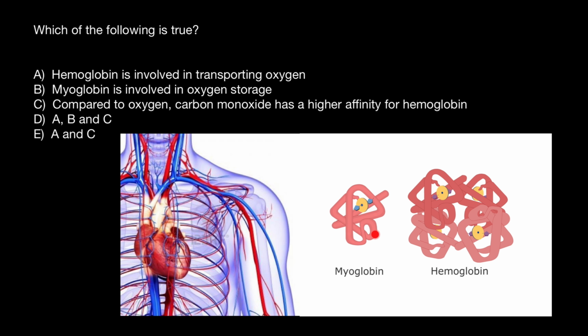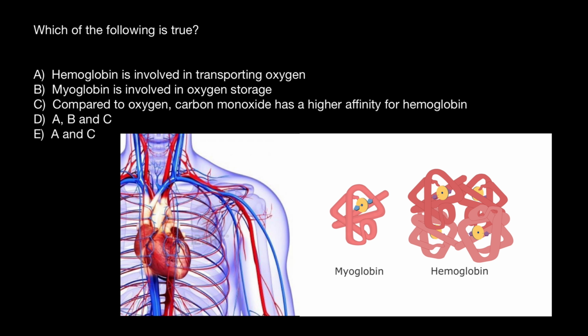High homology means that the sequence of amino acids in this protein is very similar to the one we can find in hemoglobin, and both contain a heme group. But unlike hemoglobin, which contains 4 heme groups, myoglobin contains 1.